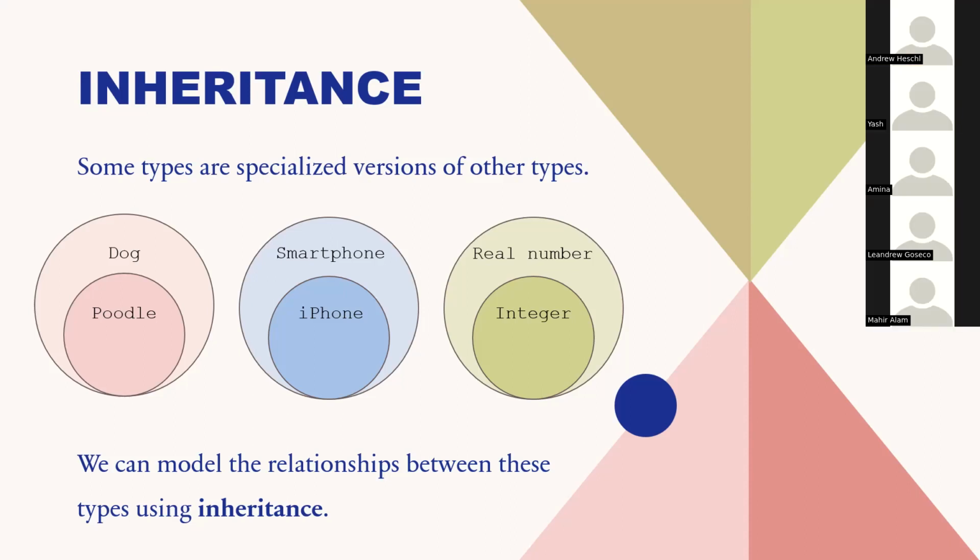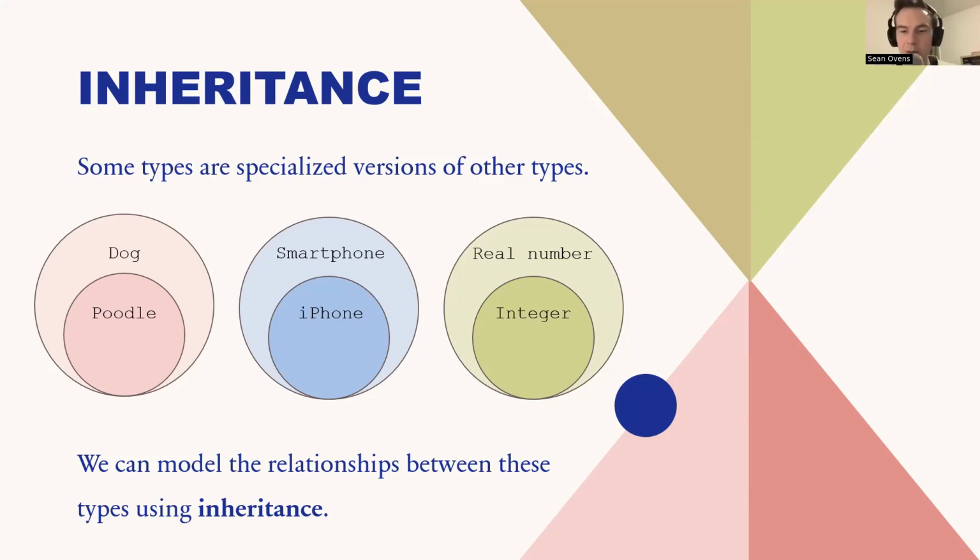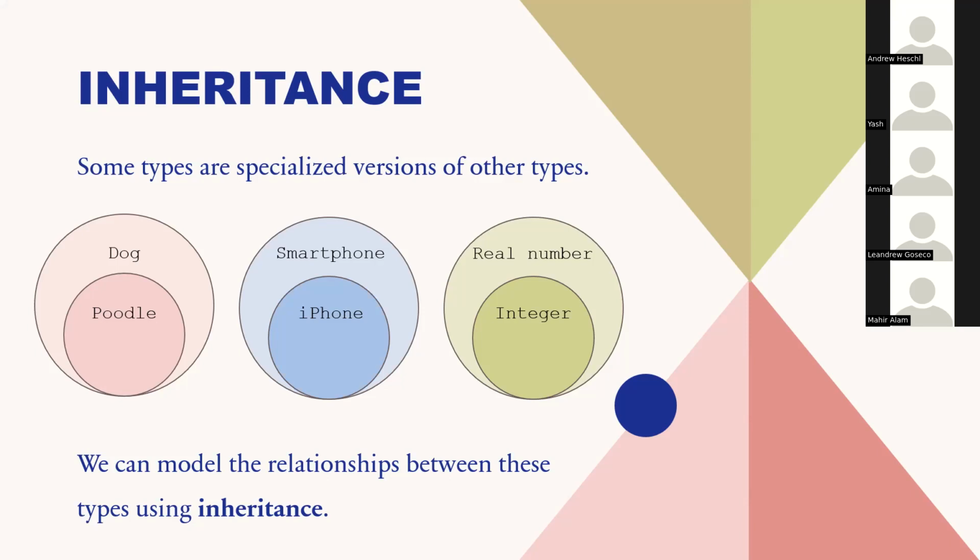Notice that all of these are one-way relationships. So all poodles are dogs, but not all dogs are poodles. So this sort of relationship between two types can be represented in object-oriented programming using what's called inheritance. This is another fundamental concept that separates object-oriented programming from other coding styles.